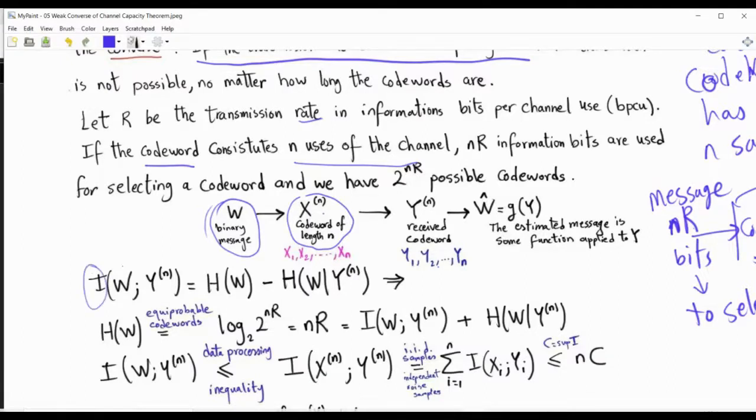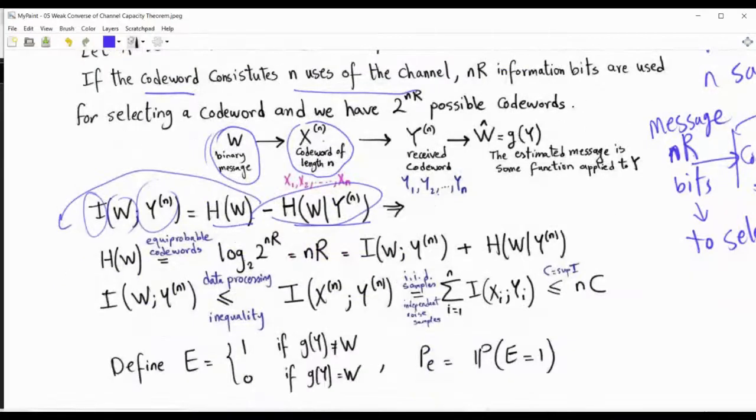So the mutual information between W and Y, by definition, is the entropy of W minus the entropy of W given Y. Move this term to the other side and switch the terms, so we have H of W is equal to the mutual information plus H of W given Y^n.